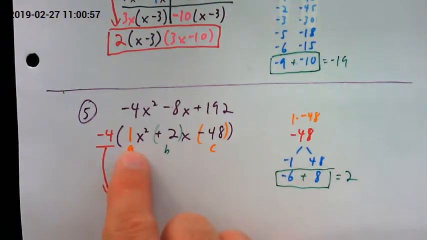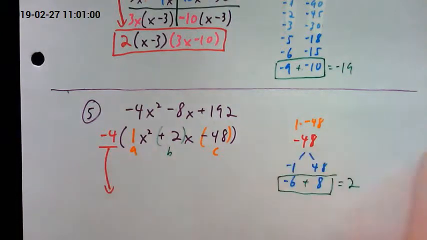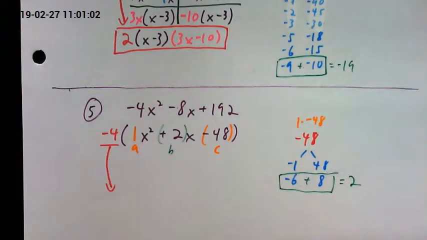Now, like I said, we have a lead coefficient of 1. So we could use that shortcut. We could actually go straight to our final answer right now. We already know that the number out in front is going to be negative 4, because we had to take that out at the beginning.